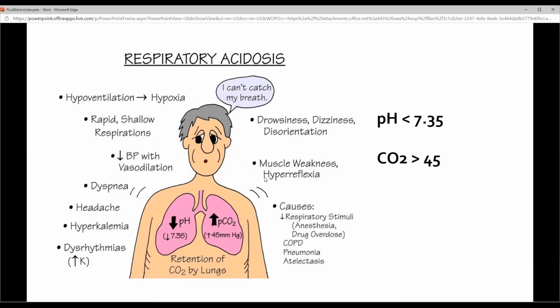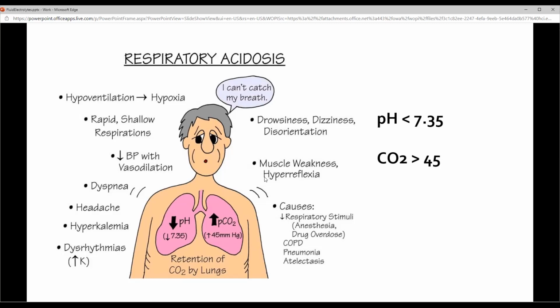Because of that, we teach them to tripod position and pursed lip breathe. Pursed lip breathing increases the amount of air we're exhaling and helps us force more CO2 out of the body. Hypoventilation is what's going to cause us to retain CO2.